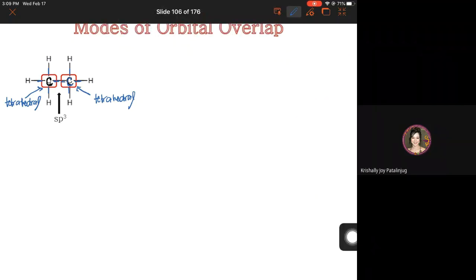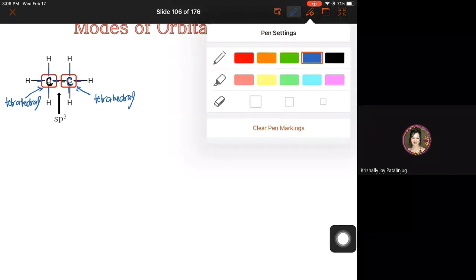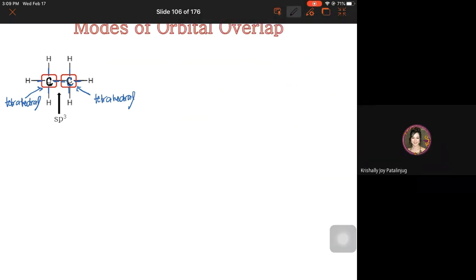And since it is tetrahedral in shape, we can conclude that the hybridization of both central carbons is sp3. Alright? Being sp3 hybridized means this carbon has four sp3 hybrid orbitals, and the other one as well. Okay?